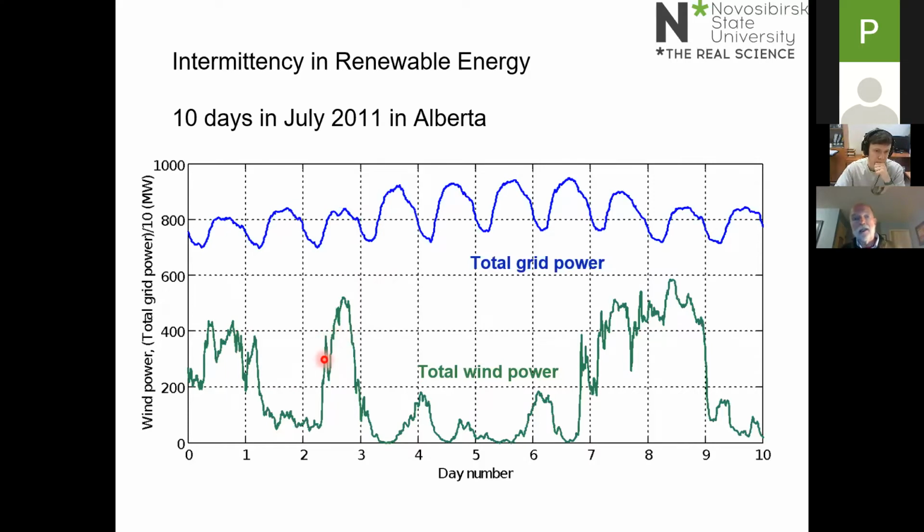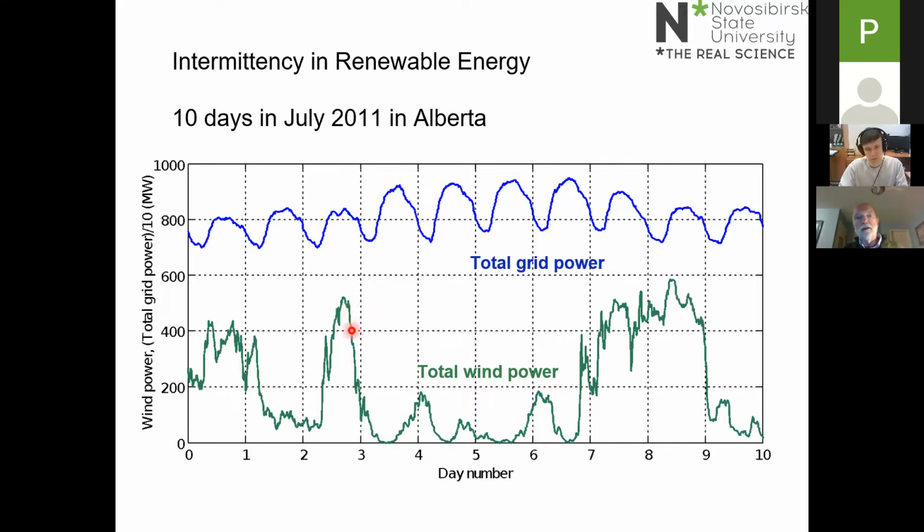Not only is it intermittent, but you can see that it can fall very rapidly and it can rise very rapidly. And those falls and rises in wind power usually are called wind ramps. A ramp is a way of getting up a slope, for example.